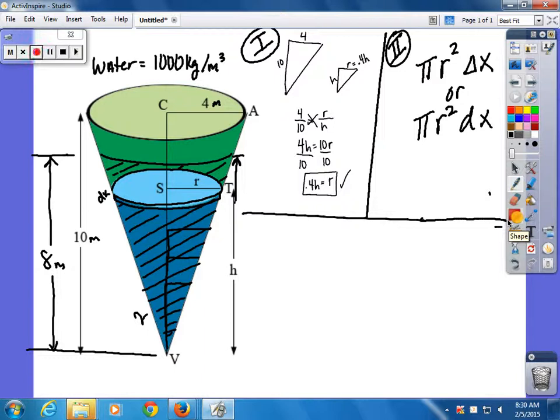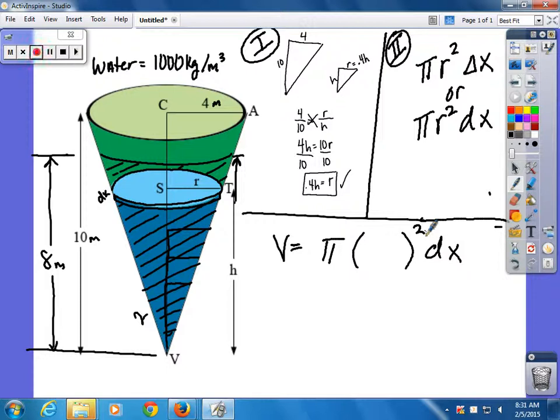And the volume is going to be equal to the pi r squared delta x dx. And there's your r. Now what is my r? Well, r is 0.4h, but what is h? Like I said, it's 10 minus h. Remember 10 minus h?